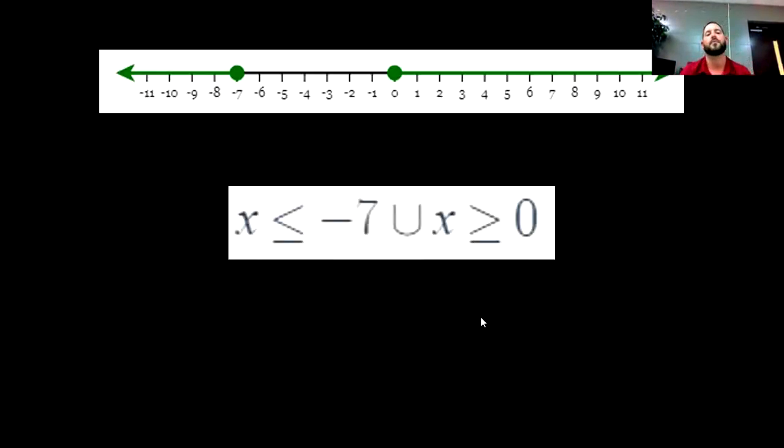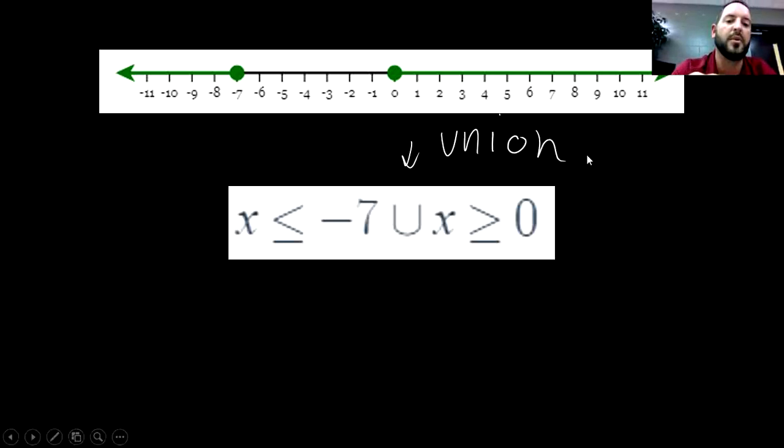All right. Now, we jump into inequalities that have something else going on, and this symbol right here in the middle, okay, is known as the union symbol. Okay, union symbol. That means that's basically another way of saying mathematically and, also, as well as.